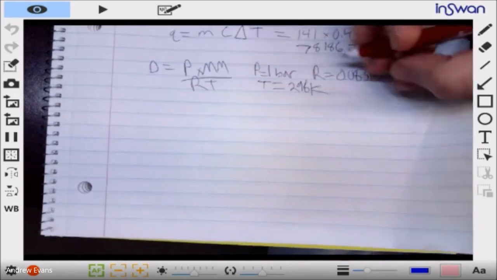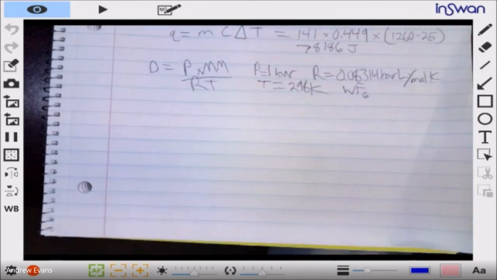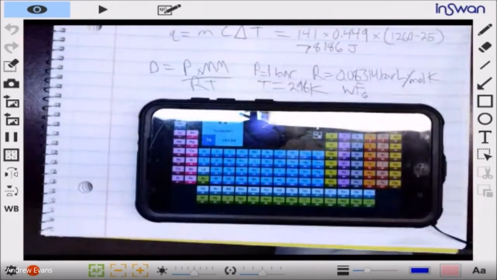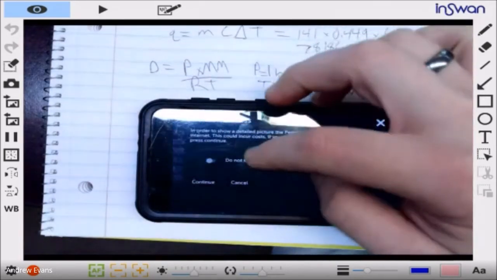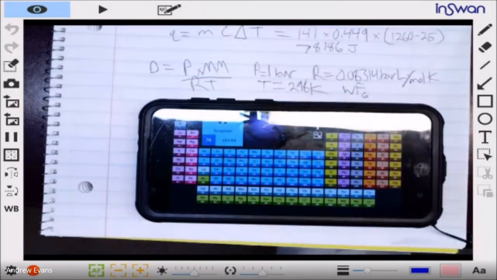So, tungsten hexafluoride, we have to look up what is the molar mass of tungsten, what is the molar mass of fluorine, and that's something you can easily get from the periodic table. Tungsten is 183.84. And fluorine is essentially 19, 18.998.